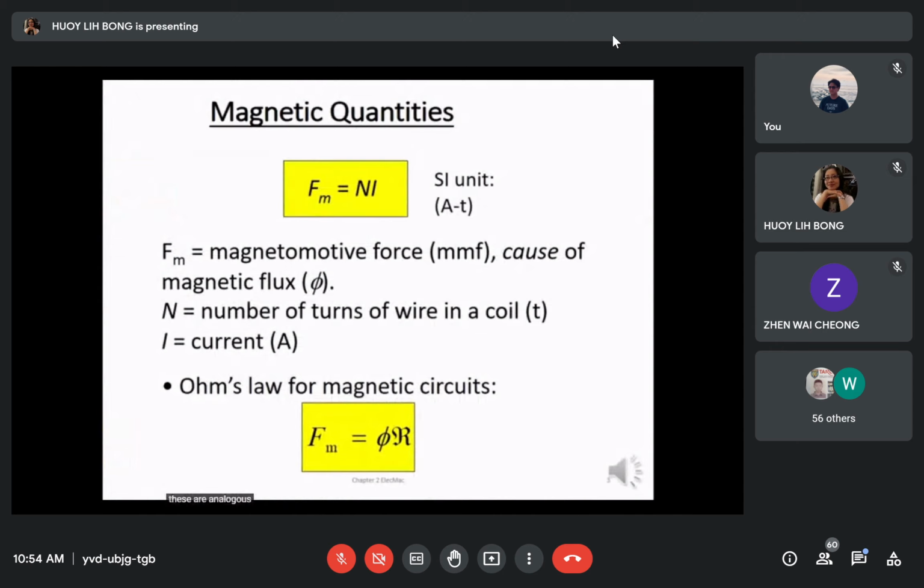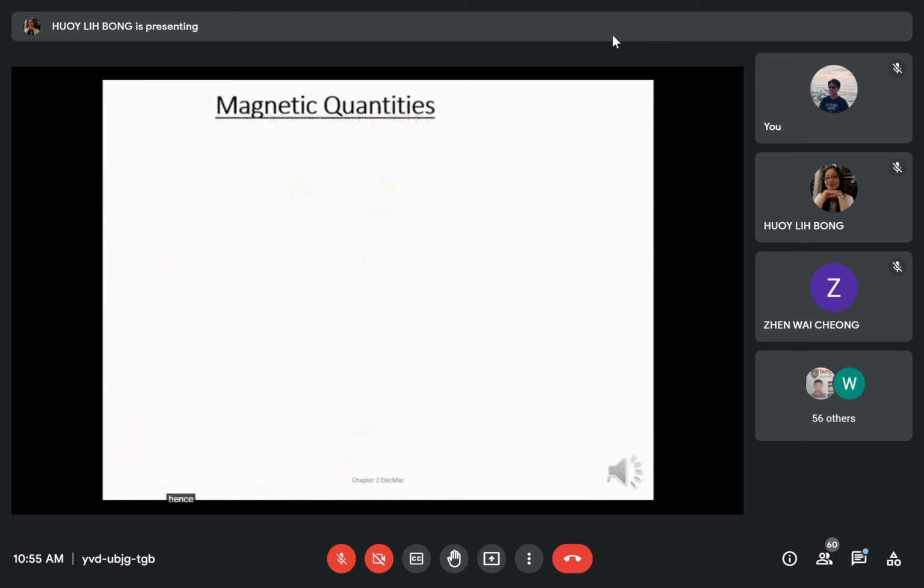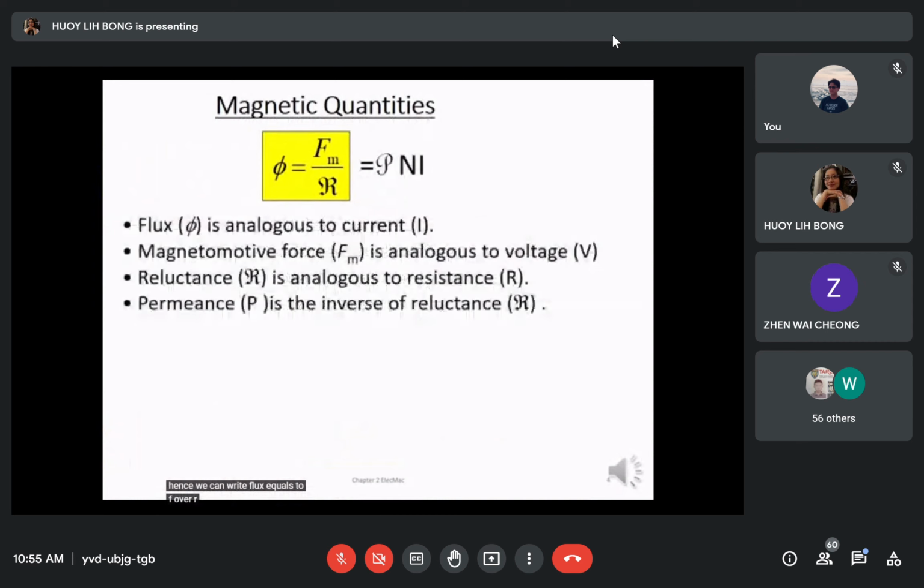These are analogous to voltage equals current times impedance. Hence, we can write flux equals F over R, in which the flux is analogous to current, magnetomotive force is analogous to voltage, and the reluctance is analogous to the resistance.